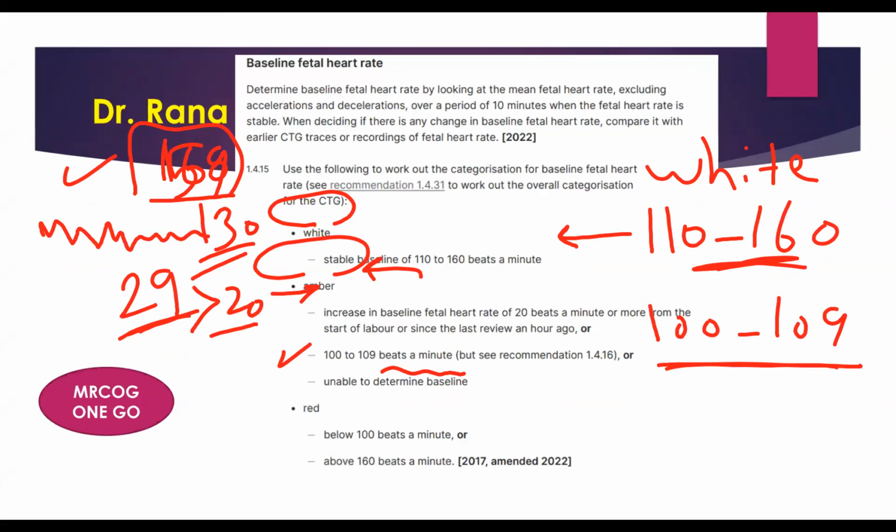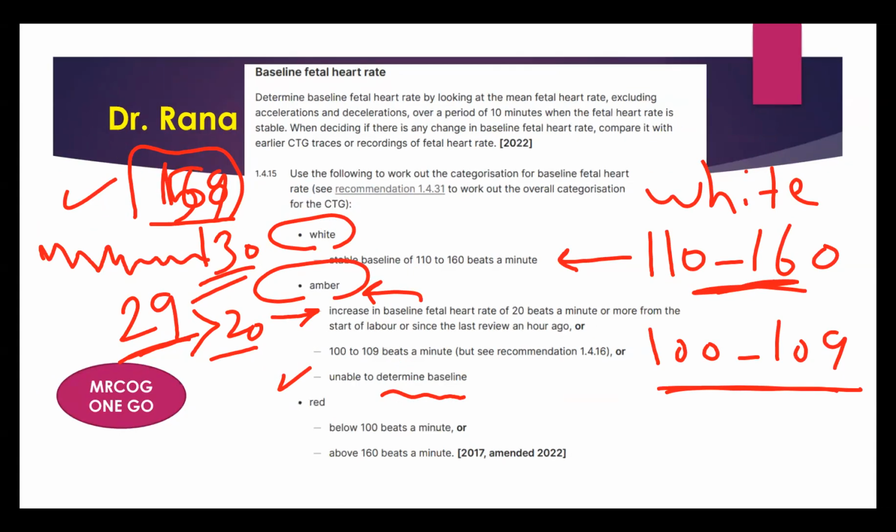The red, if the heart rate is less than 100 or above 160, then it will be red. So the main changes in the amber are the increase of 20 beats per minute from the baseline, from the start of labor or from the last review, and being unable to determine the baseline.